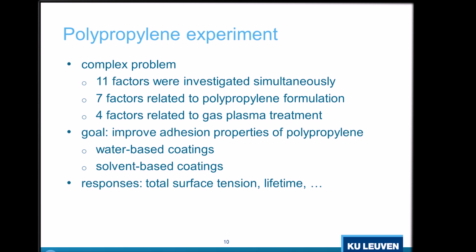These 4 other factors were related to a gas plasma treatment that was given to the polypropylene. Now, the overall goal of the polypropylene experiment was to improve the adhesive properties of polypropylene so that coatings, both water-based coatings and solvent-based coatings, would stick well to the polypropylene.